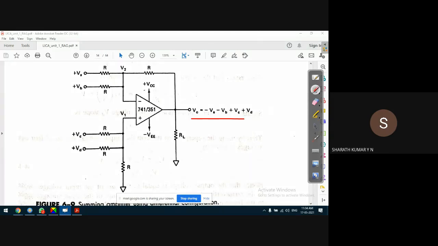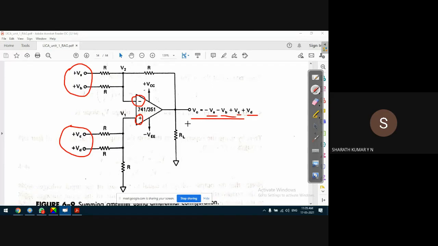What is the output voltage? Observe this. These two, VA and VB, are applied to the inverting amplifier, so their output is inverted, whereas these two voltages applied to the non-inverting amplifier are not inverted.